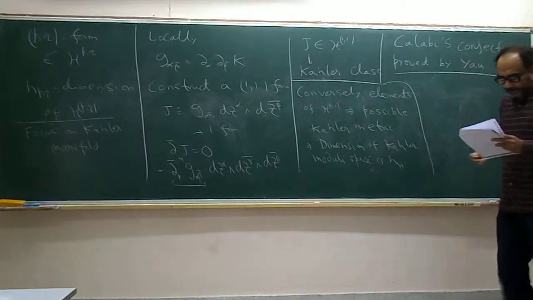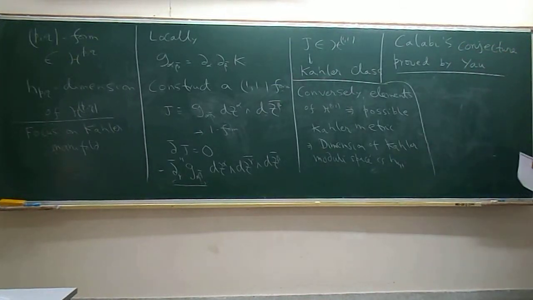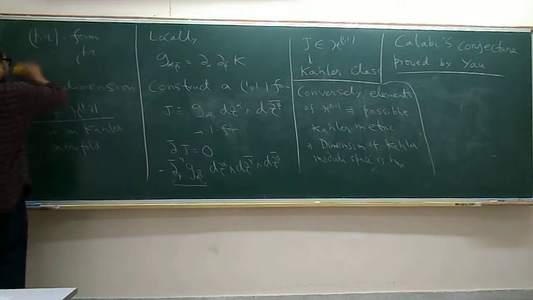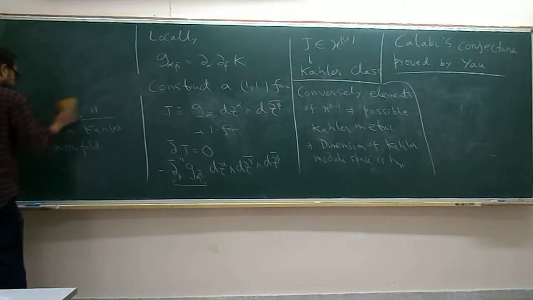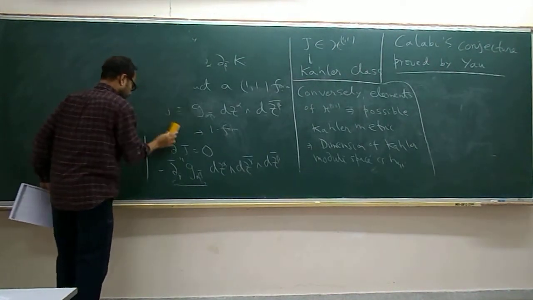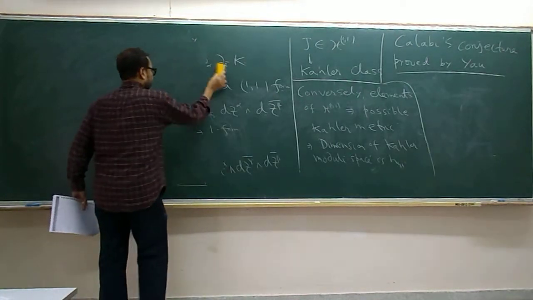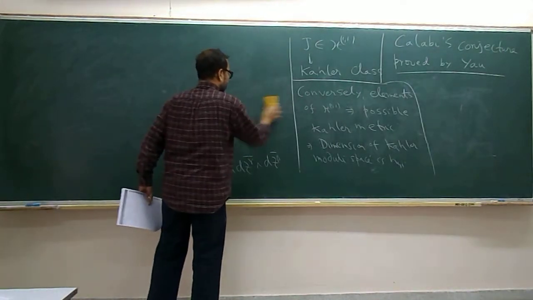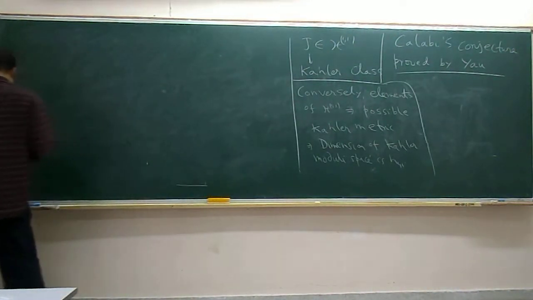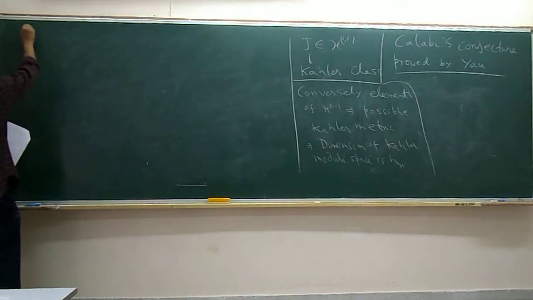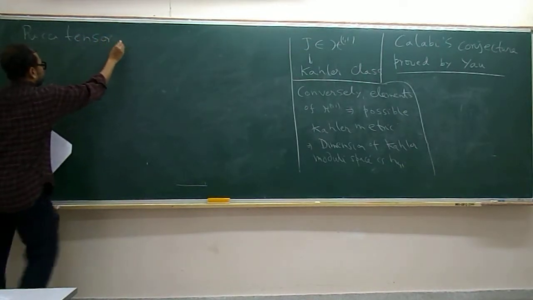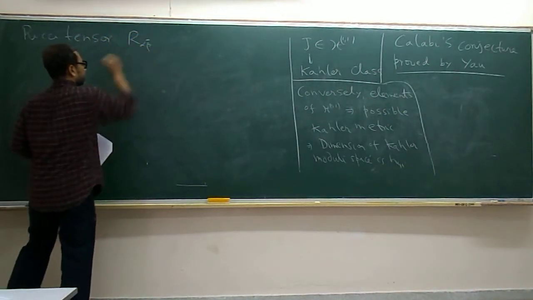Okay, I think before I say what it says, I have to introduce a few more things. So given a Kahler metric like this, one can introduce a Ricci tensor, which also has only alpha beta bar components.